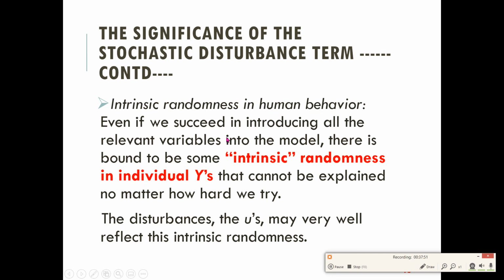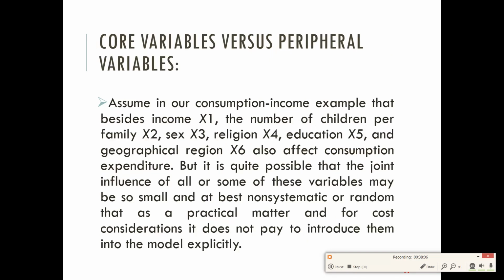Even if we introduce all the relevant variables in the model, there may be a particular family that is behaving in a different way. Even if you have data on all the important variables and you put in their values, you will not be able to calculate consumption.